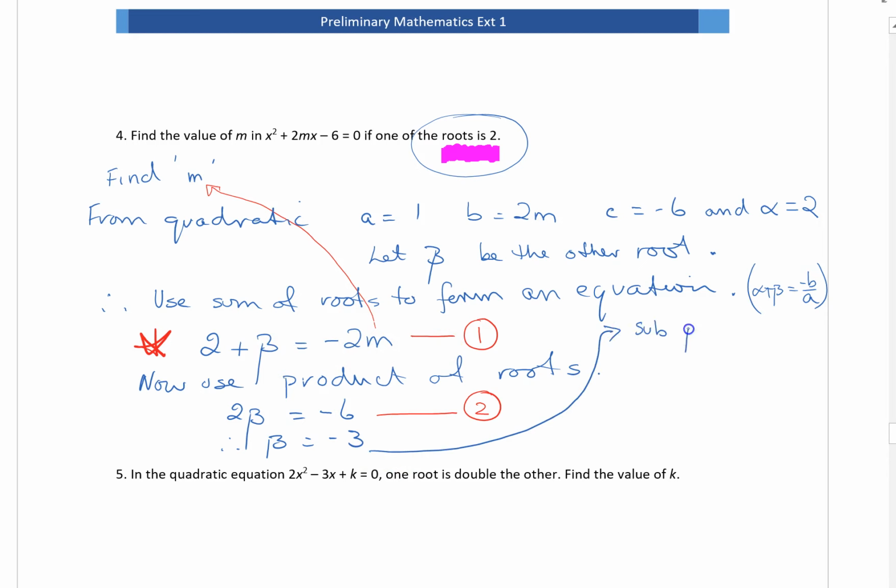Sub beta is minus 3 in 1, that is 2 minus 3 is minus 2m, 2 minus 3 is minus 1 is minus 2m, divide both sides by minus 2, m is a half. Done.